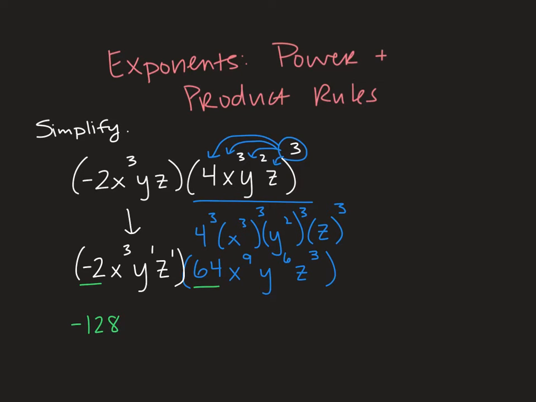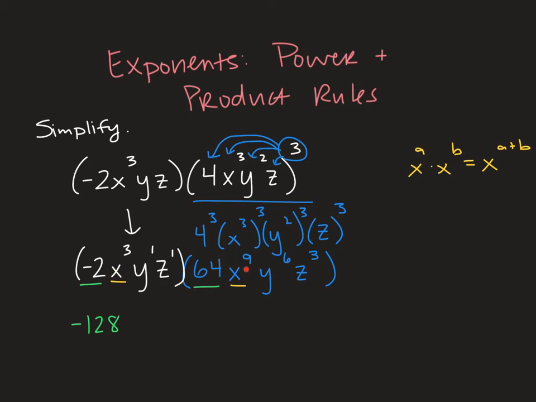The next thing that I'm going to do is take a look at the x's. Notice that we have x to the third times x to the 9th. And our product rule tells us that if we have x to the a times x to the b, we add those exponents. So we're going to add the 3 and the 9. This is different than taking something to two powers, power to a power.